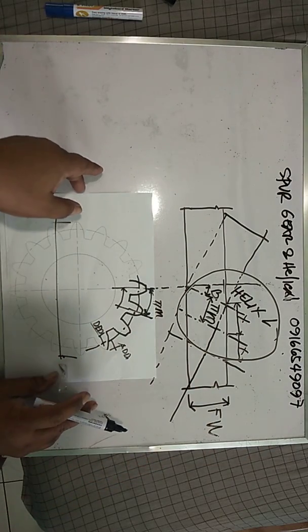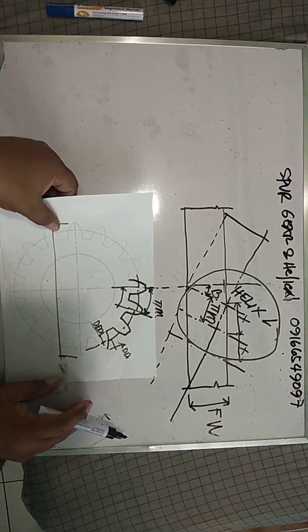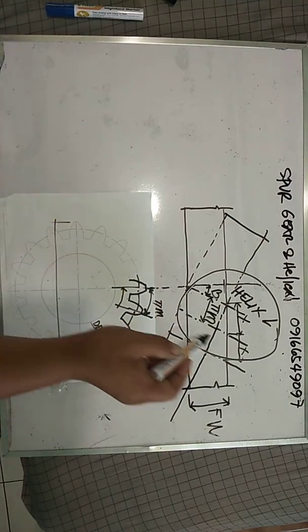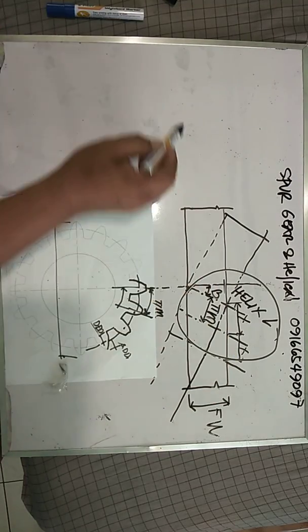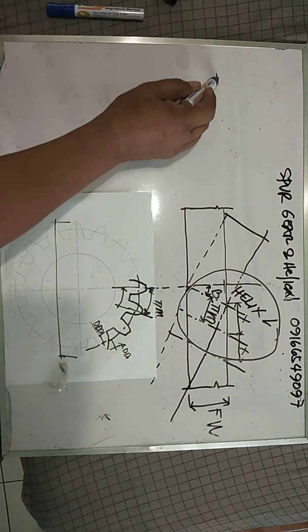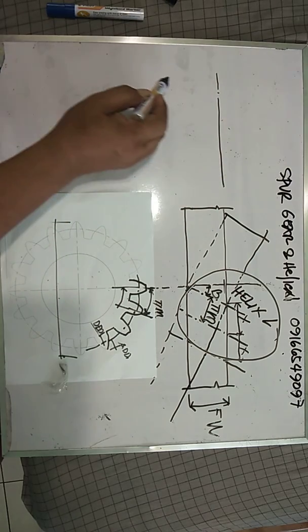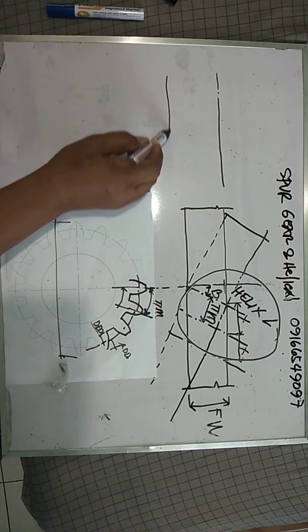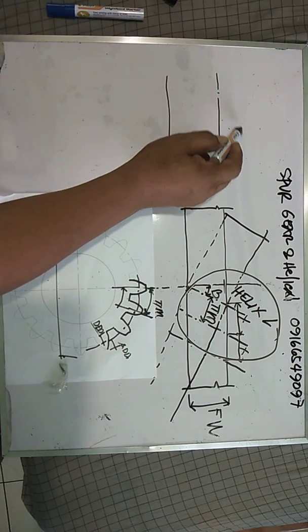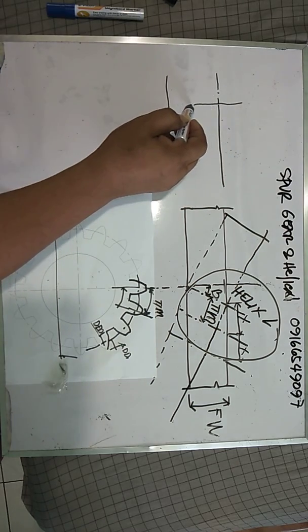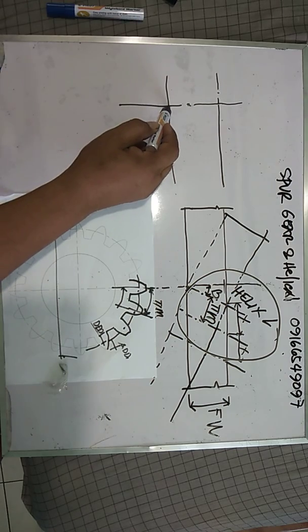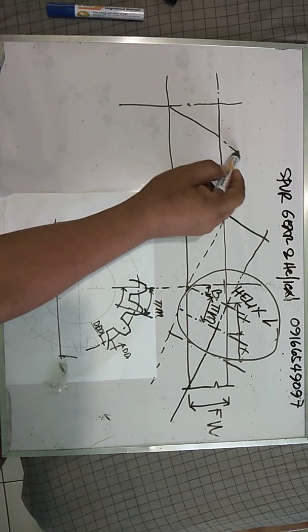So we have to make a bigger, detailed drawing. We have this portion, this is the center line.